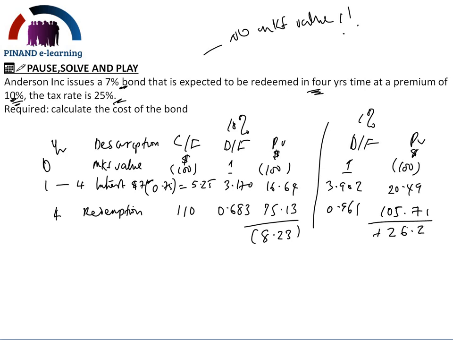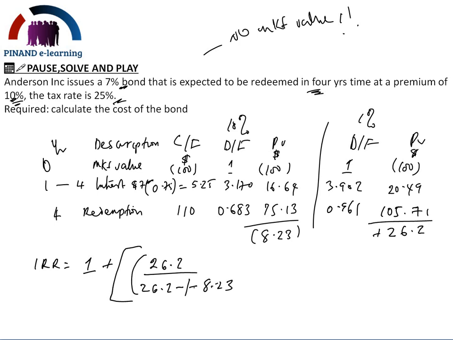Now you can easily slot it into the IRR formula. That becomes IRR is equal to 1, which is the low rate, plus NPV for 1% which is 26.2, over 26.2 minus minus 8.23.